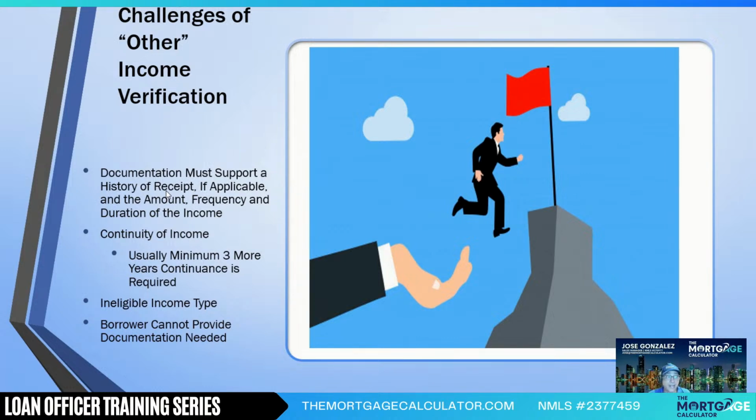At that point, the borrower can't provide the needed documentation, so now they're out of gas in reference to that income type being able to be considered.